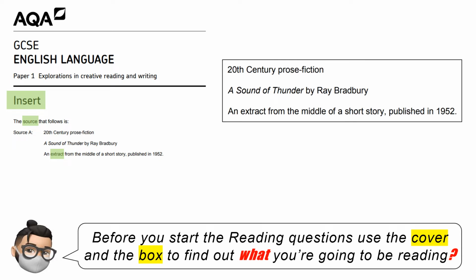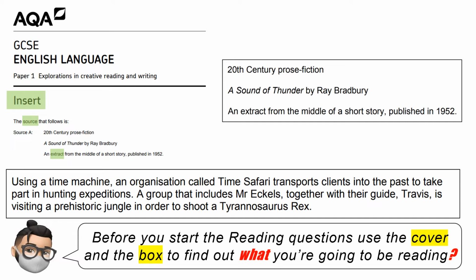And it tells us that it's from the middle of a short story published in 1952. So none of which is that helpful in working out what it is you're going to be reading. But the box, which appears at the beginning of the extract, is really important.